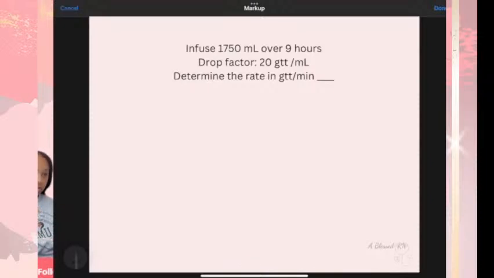This is going to be via gravity, because you see this big huge hint right here. It says drop factor. If it said pump, we know that it's going to be milliliters per hour. Because it has a drop factor and it's going to go via gravity, we're doing drops per minute. This is what we are looking for. So drops per minute. Let's do it.